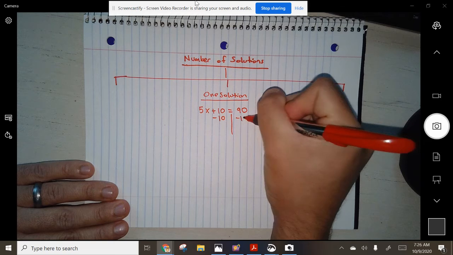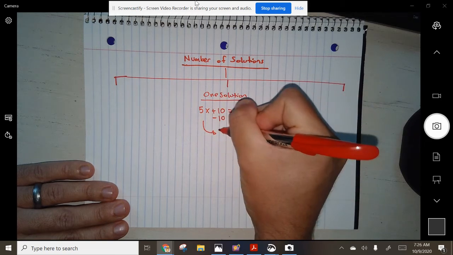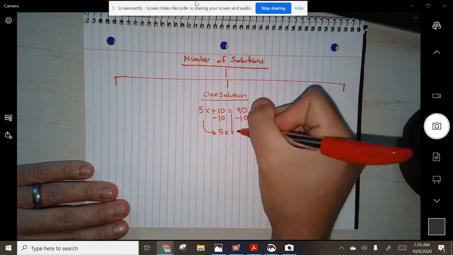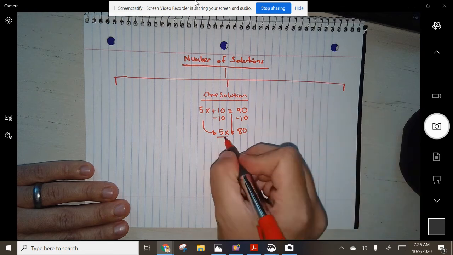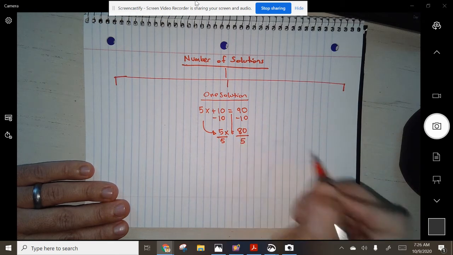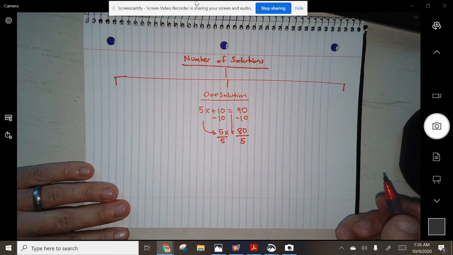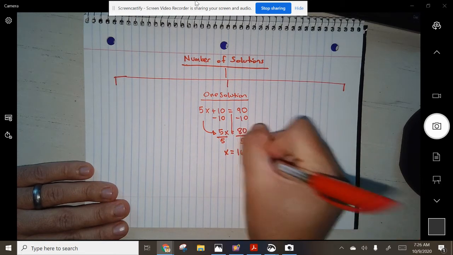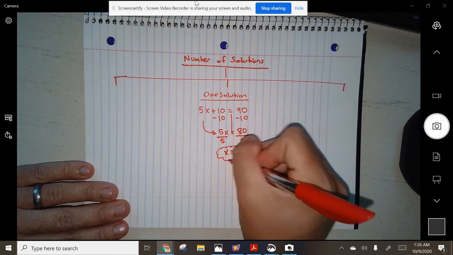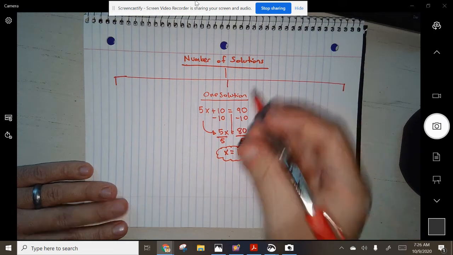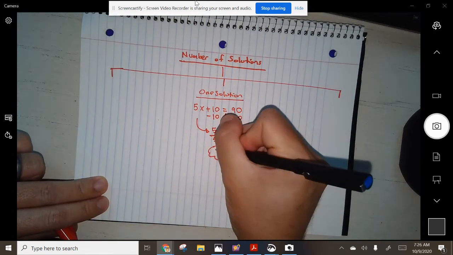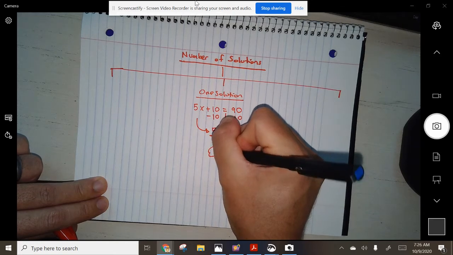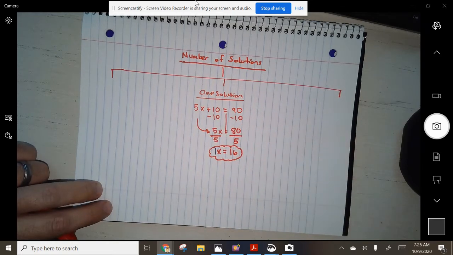You would subtract 10, bring this down, you would get 5 into 80, right? Then it would be what? X equals 16? And you would have this, and actually I'm going to put in front of this x, isn't there a 1x in front of here? All right.